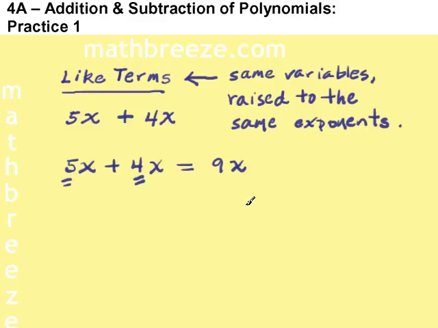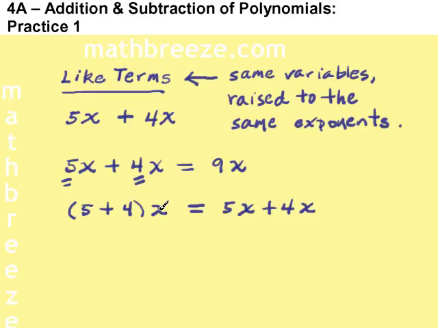And this really comes from the distributive law. Okay, let me rewrite this. I can rewrite this as 5 plus 4 times x. In other words, that's equal to 5x plus 4x.